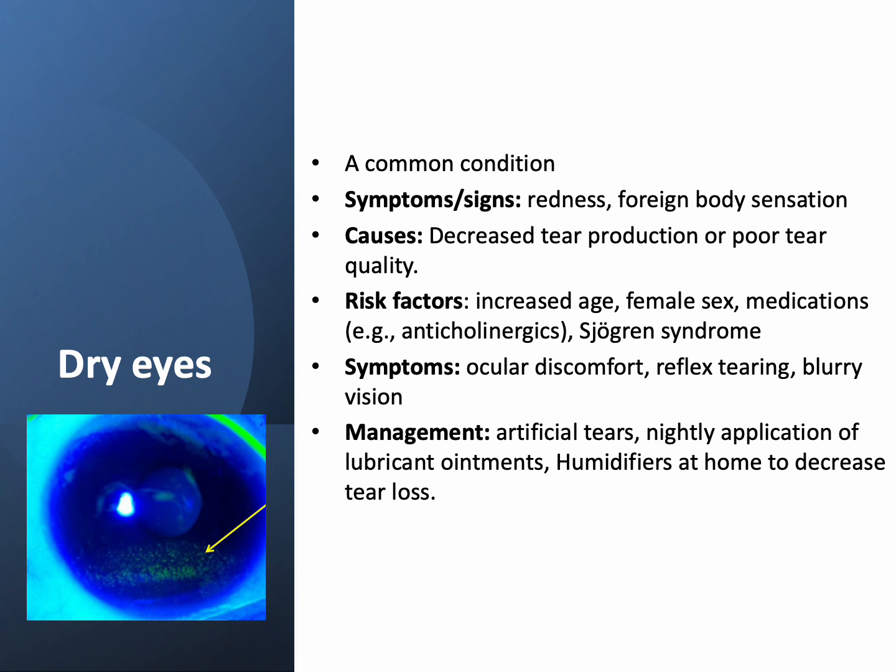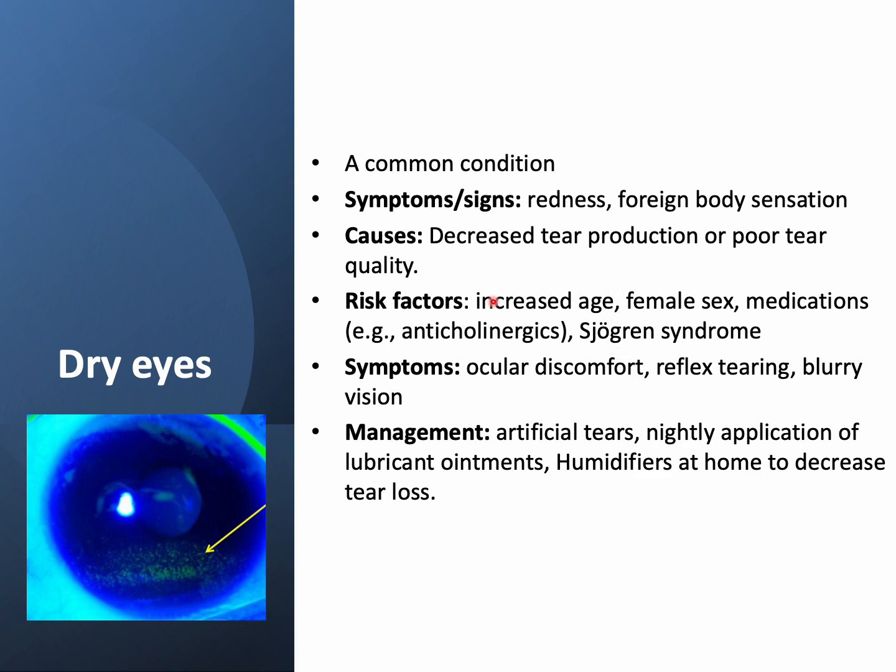So moving on to other diagnoses, dry eyes are also one of the commonest presentations in primary care. Usually the patient comes complaining of redness, foreign body sensation, mild blurriness of vision that improves with blinking.